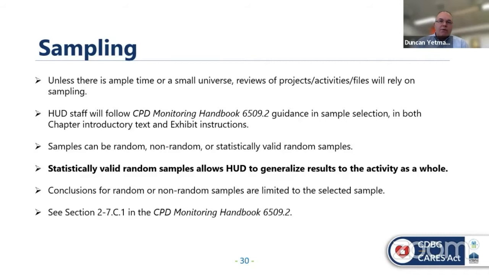In all likelihood, for most grantees at this stage in CDBG-CV implementation, there may not be enough of a database, if you will, within a particular file, within a particular program, to do a statistically valid random sample. Really depends. It's a case-by-case basis with each of your programs. So just be mindful of that.